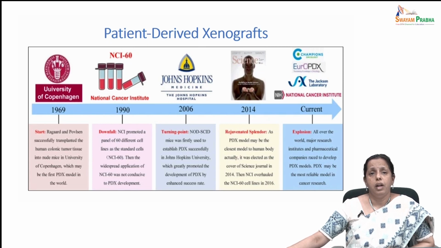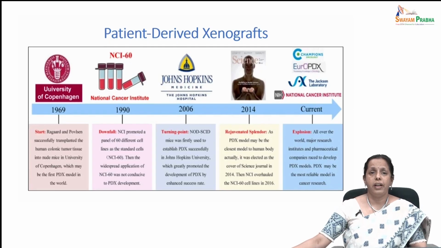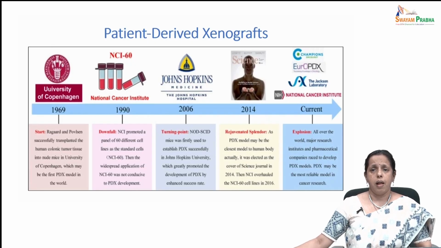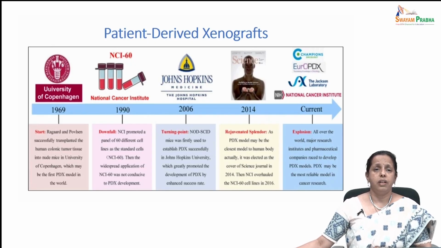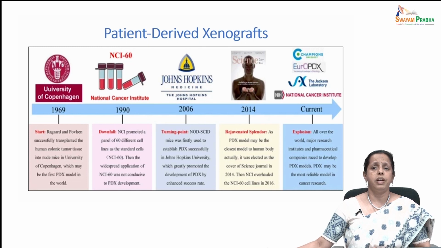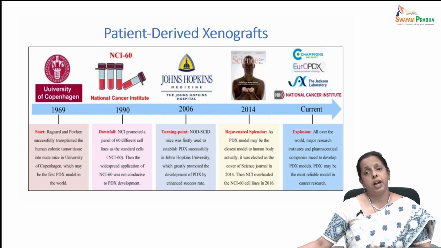However, the NOD-SCID mouse was first developed to establish the PDX model at Johns Hopkins University, which greatly promoted the development of PDX. PDX models gained popularity during 2006, at the beginning of the 21st century, when an increasing number of institutes, especially pharmaceutical companies, chose PDX models for all their pharmacodynamic studies.